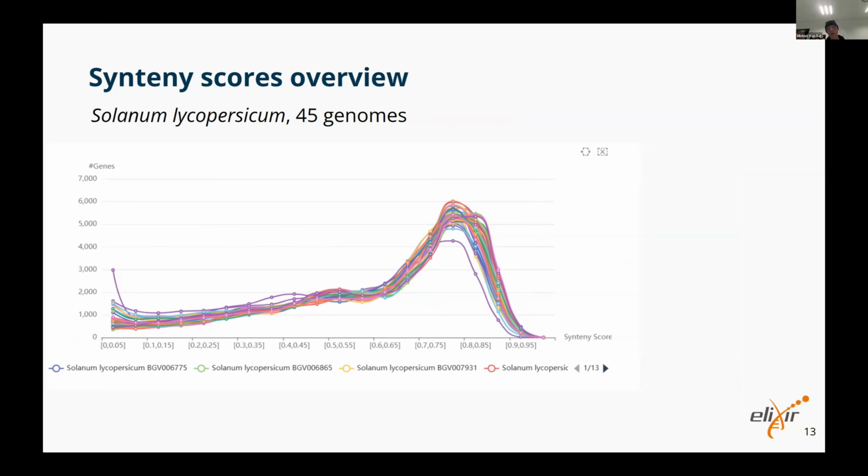The average synteny score is around 0.8 or 0.7, which is pretty high, but you can also see that there are almost no genes showing fully conserved syntenic regions. Additionally, the purple line is a bit of an outlier, as it shows, especially on the left-hand side, a significant fraction of genes with very low synteny scores.